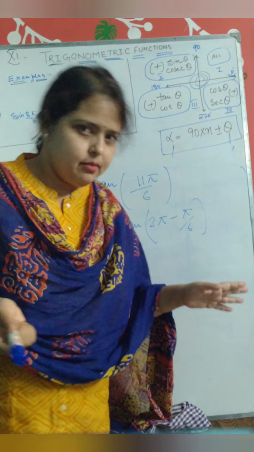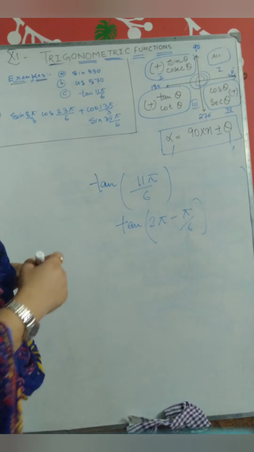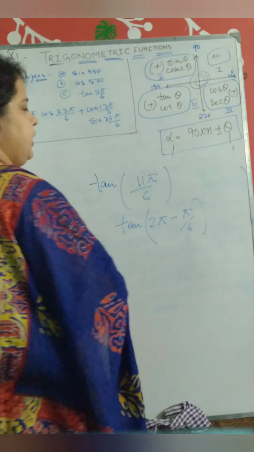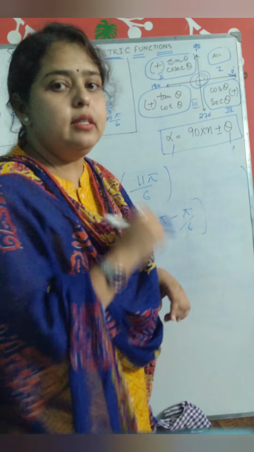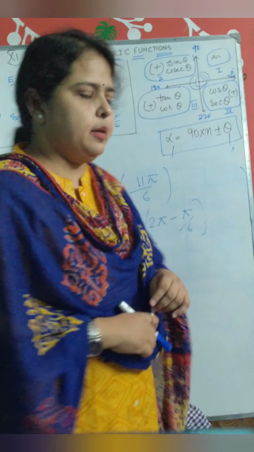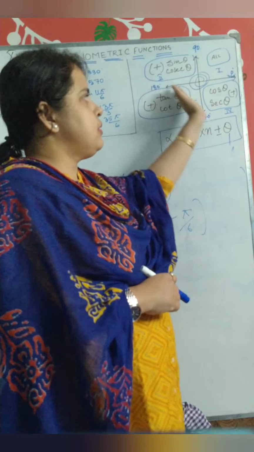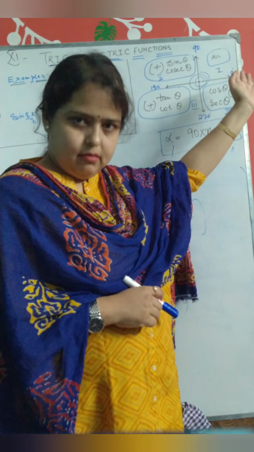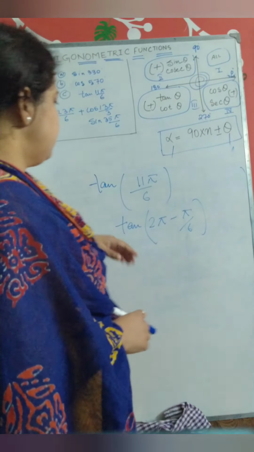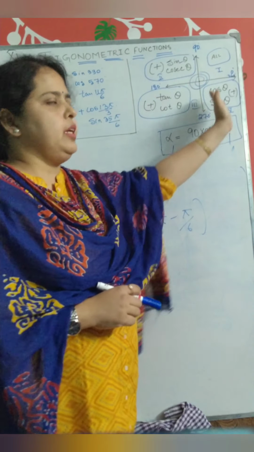I hope it is clear. Okay. Shall we proceed then? Fine. 2 pi. That means pi means 180 degrees. So 2 pi means 360. Fine. So 2 pi, one complete rotation.